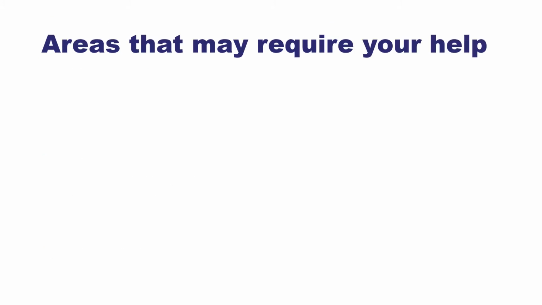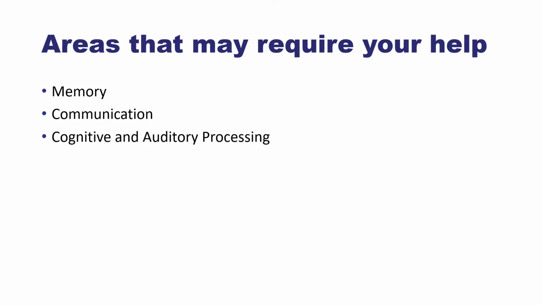The following are areas that your child may require your help in: memory, communication, cognitive and auditory processing, abstract thinking, and executive functioning. Not everyone with FASD will have the same performance areas affected.